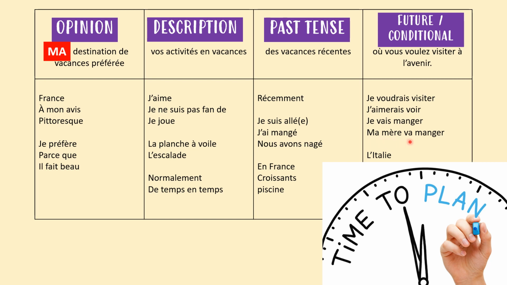So ma mère va manger. So I'm going to do that in the future. Ma mère va manger, my mum is going to eat. If I can't do that, I won't do it. It's very important to do the verbs that I know how to conjugate accurately. In the next video, I'm going to show you how I'm going to put all these notes together and to create my text.